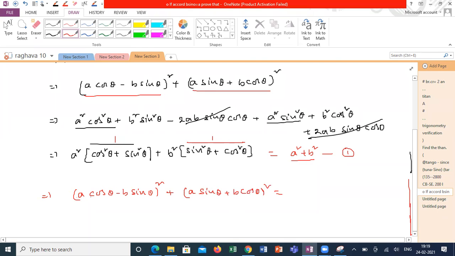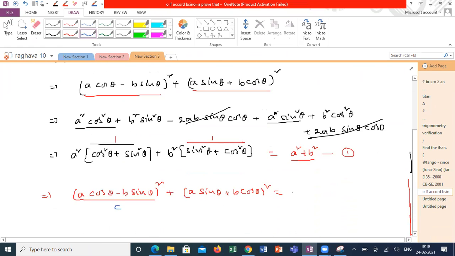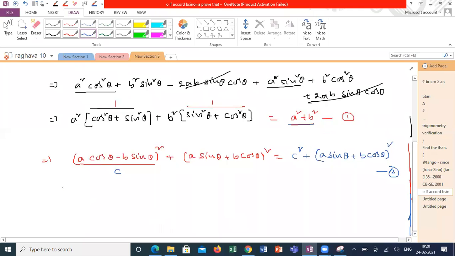I'm not expanding, but I know this value is C. That is according to given data. What is the given data? A cos theta minus B sin theta is C. So if I'm writing this one, I'm getting C square plus A sin theta plus B cos theta whole square. So this is my equation 2. Equation 1 represents the same with expansion, equation 2 without expansion. So I can say equation 1 is equal to equation 2. Two different forms.